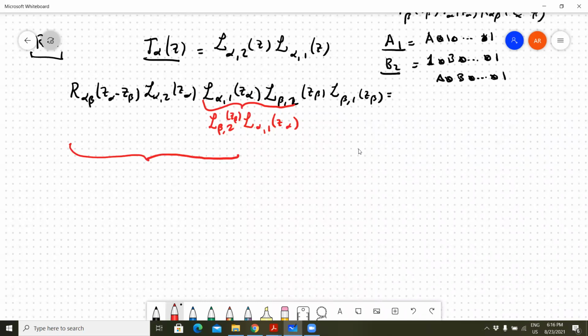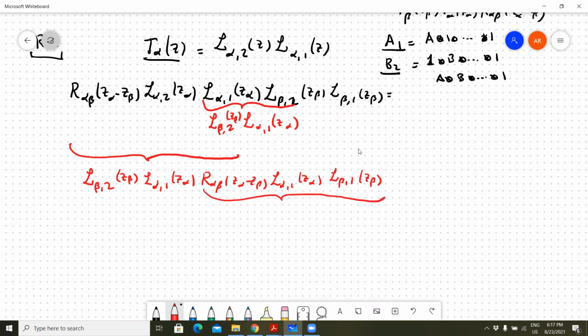So we can just switch completely the order, and this is again the left-hand side of RLL, but the first one was with the physical index 2, and this is with the index 1, but it's the same.